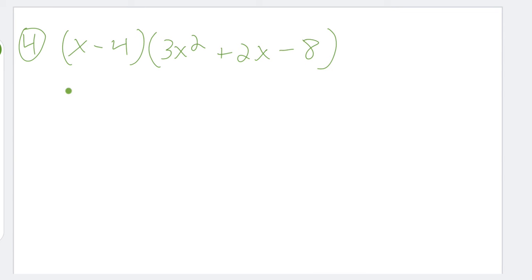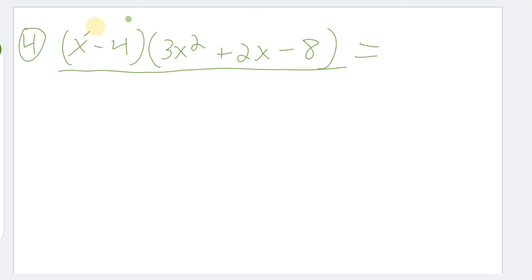All right, so next up, we're going to get into a binomial times a trinomial. So let's just start off with x minus 4 times 3x squared plus 2x minus 8. All right, so process is the same.